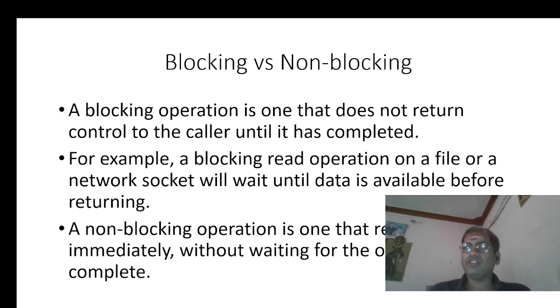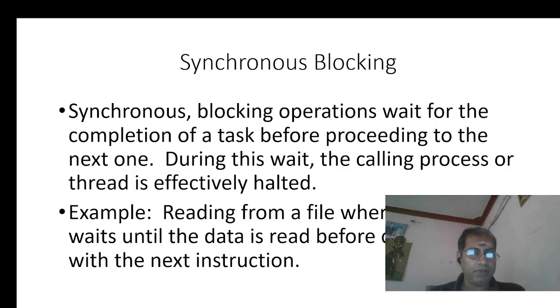Blocking versus non-blocking. A blocking operation is one that does not return control to the caller until it has been completed. For example, a blocking read operation on a file or network socket will wait until data is made available before returning. A non-blocking operation is one that returns immediately without waiting for the operation to complete.